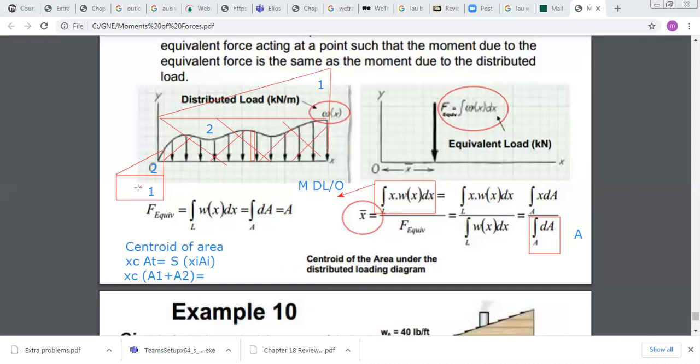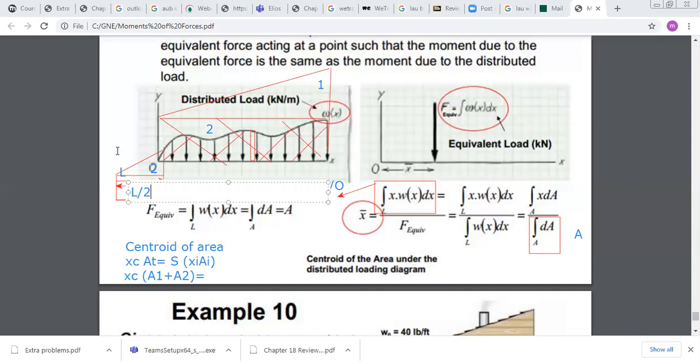So let's say this is my origin O and this is the x-axis, and the length of my rectangle is L. What will be the position of the centroid for the rectangle? It is L over 2. So from here to here, the distance is L over 2.